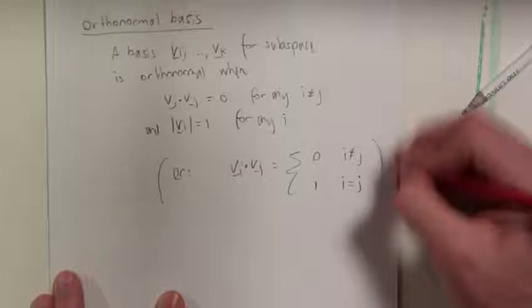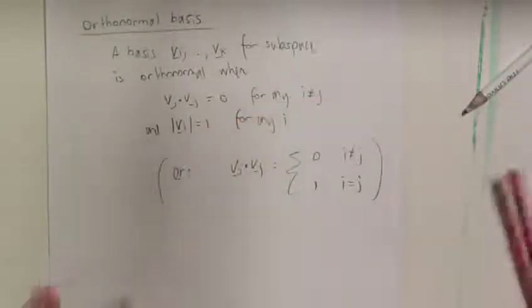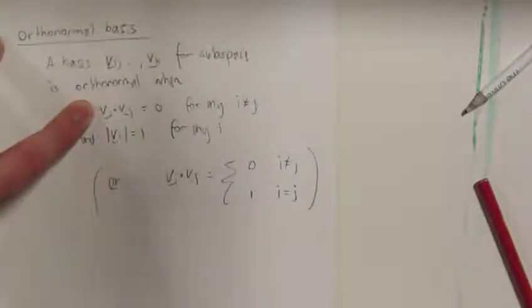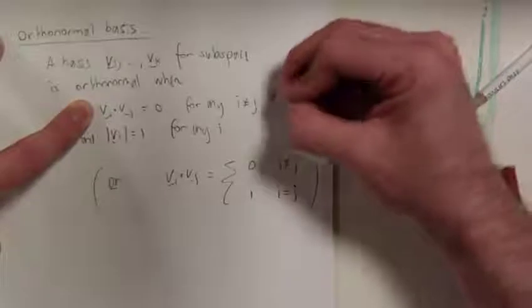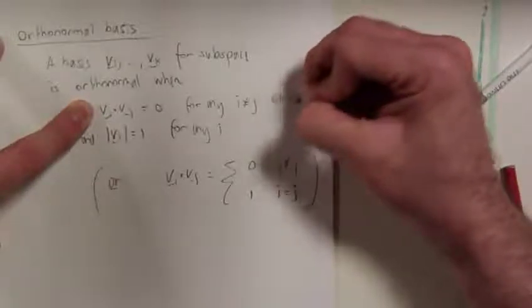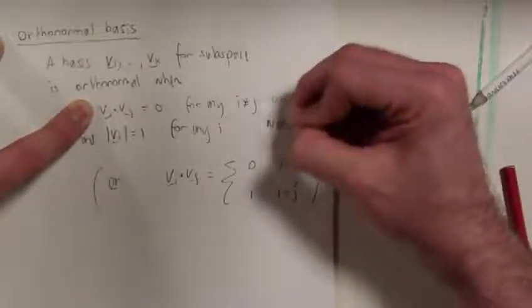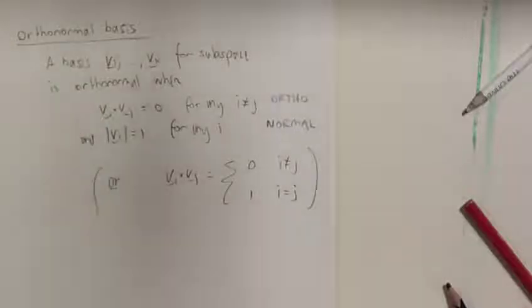In my head, it's the first way, because this first bit says it's orthogonal. That's the ortho, and this says it's normal, everything's length 1. That's what an orthonormal basis is.